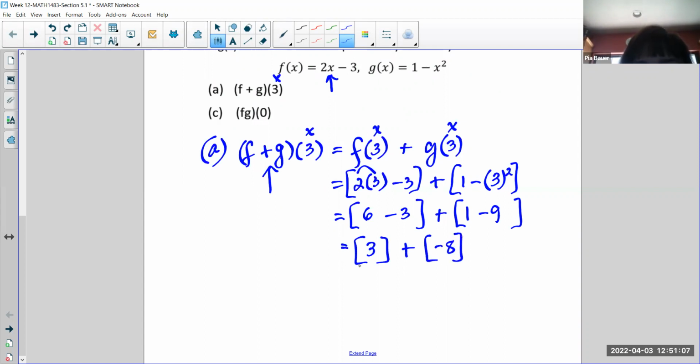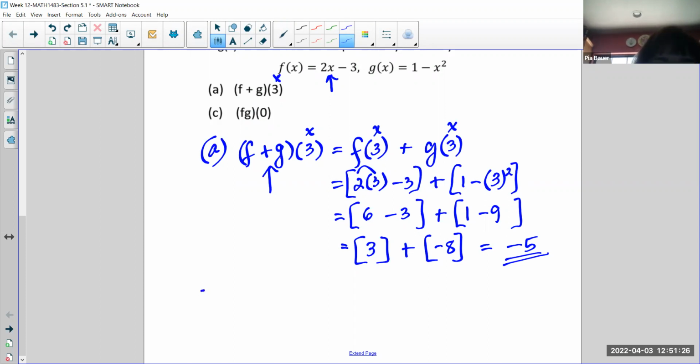Now we combine those two, and they have opposite signs, so our final answer will be a negative 5. 3 minus 8 equals a negative 5. And that is the answer for f plus g of 3.